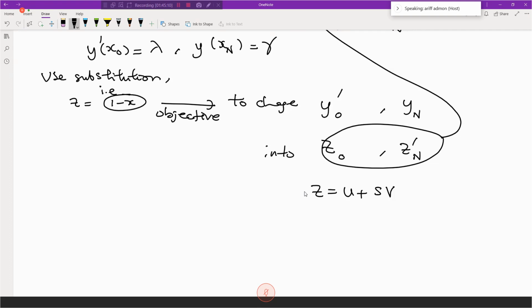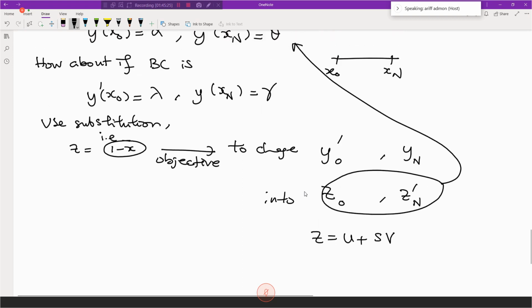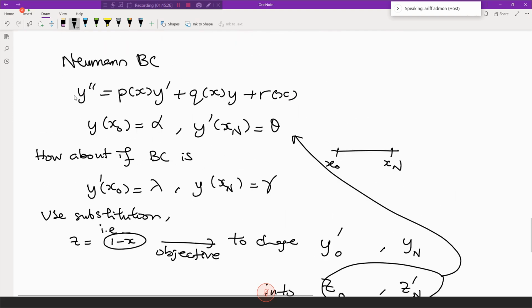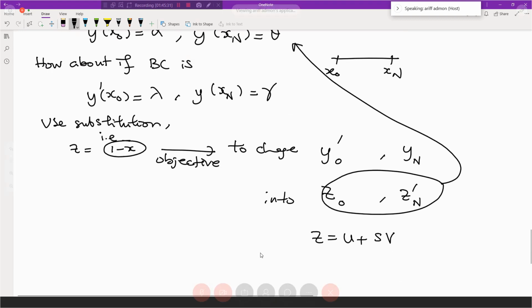So you get the solution, then you substitute back, because Z is not the solution that we are looking for. We need Y. So this is the idea. Maybe I will give you that particular example later.